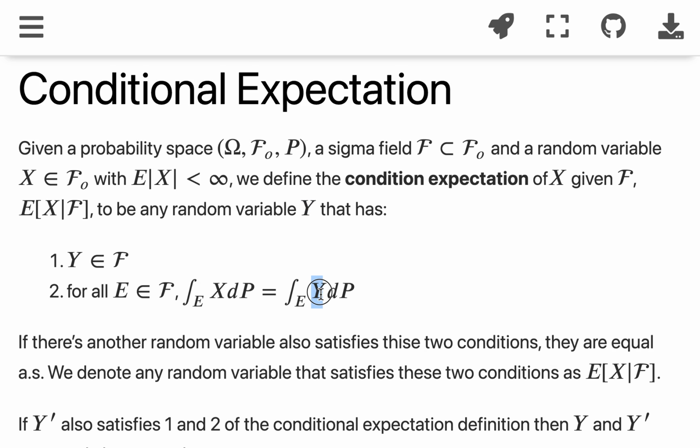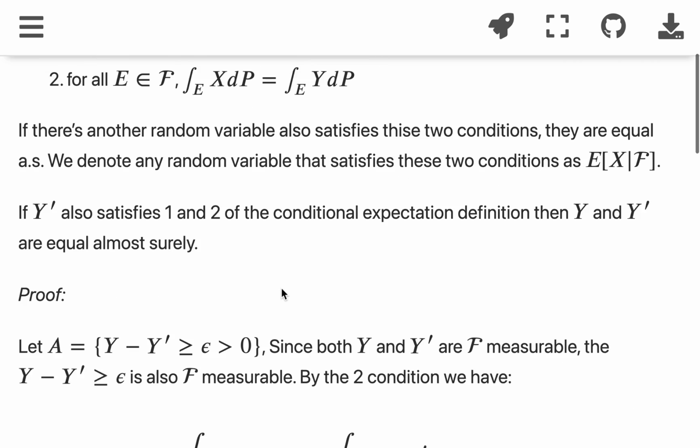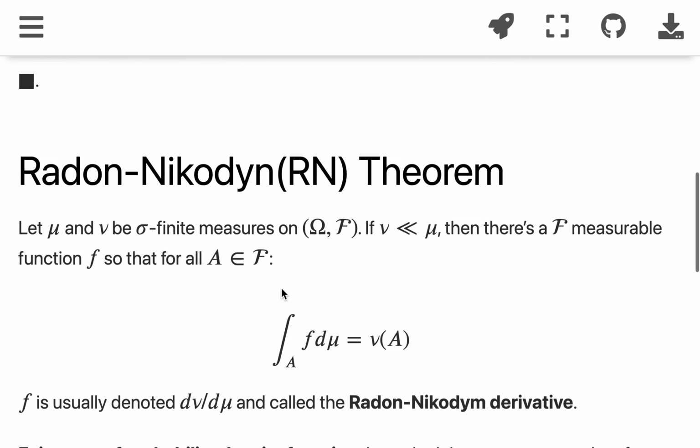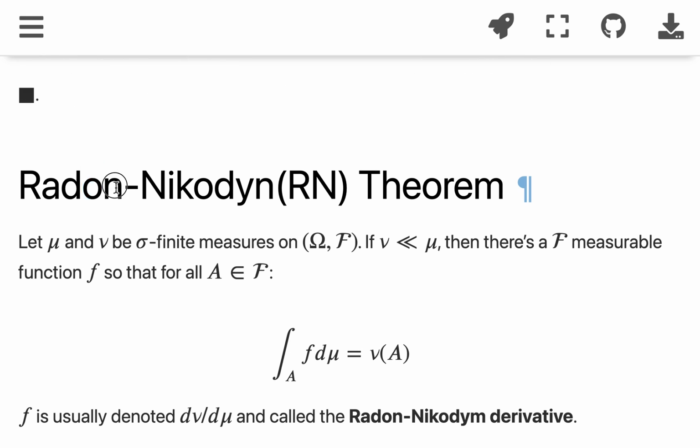We don't know that we can always find a y that is close enough to x given the sigma field F. So the existence of y must be proved, and that was proved by the Radon-Nikodym Theorem.